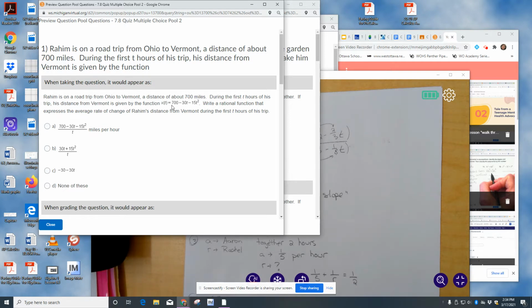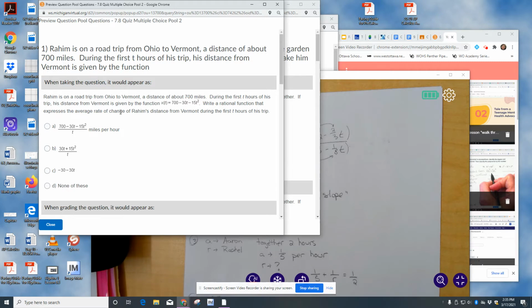So this is his distance from Vermont. Write a rational function that expresses the average rate of change of Rahim's distance from Vermont during the first T hours of his trip. These are the key words in this problem.